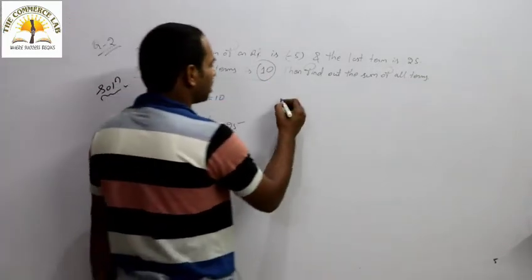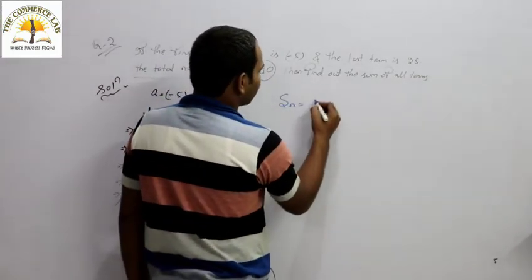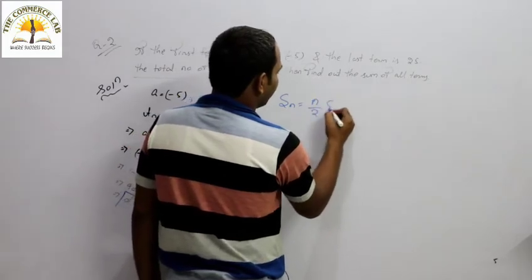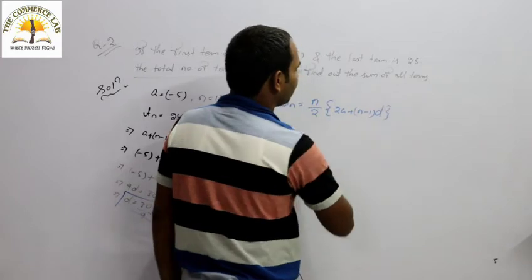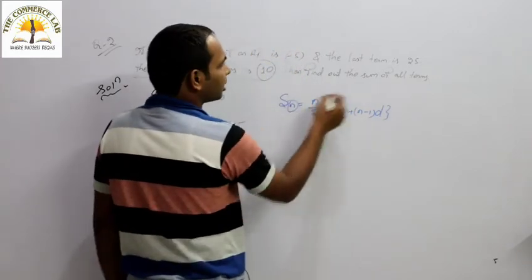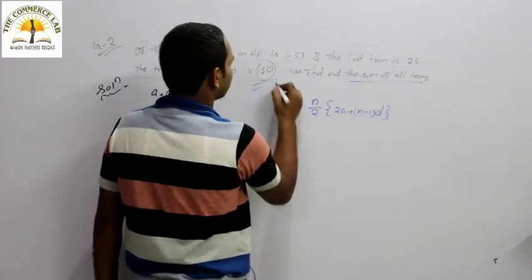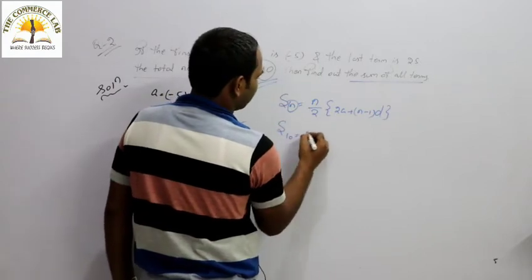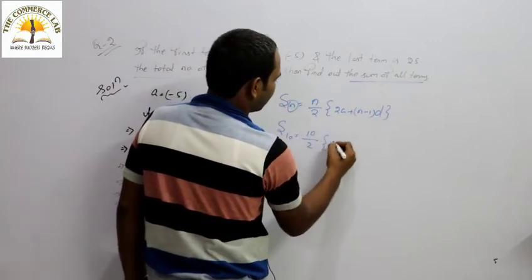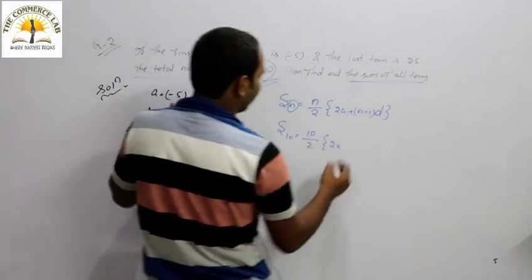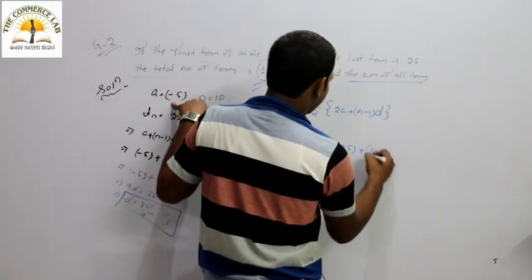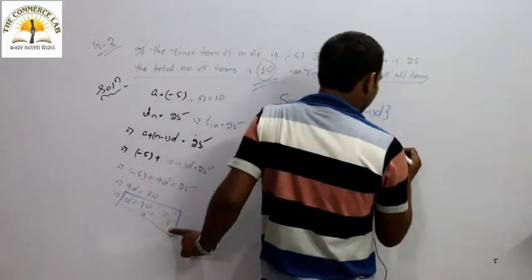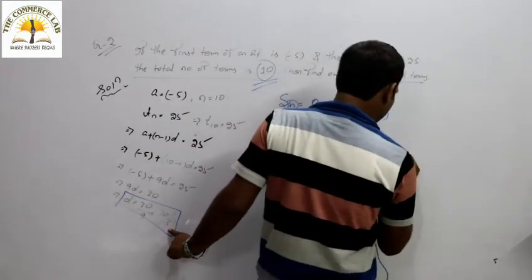Sum of all terms, we know the formula Sn equal to n by 2, 2a plus n minus 1 into d. Here n is 10. So 10 by 2, 2 into the value of a, minus 5, plus 10 minus 1, and we just found the value of d, that is 10 by 3.